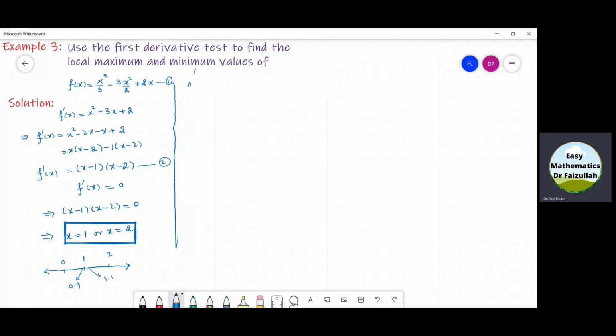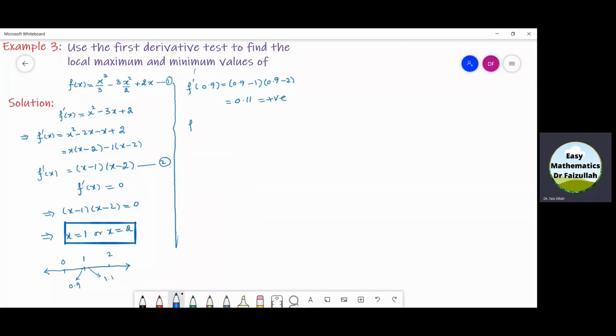So let us find the sign of f dash on 0.9, which is equal to 0.9 minus 1 into 0.9 minus 2. And if we simplify this, we get 0.11, which is a positive number.